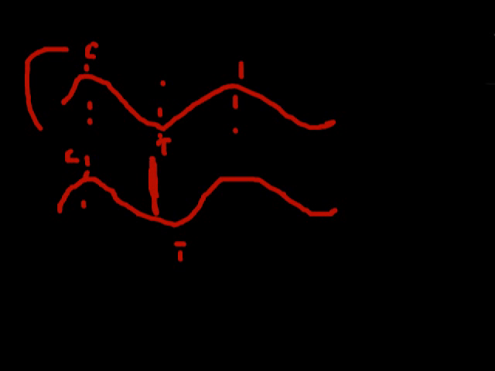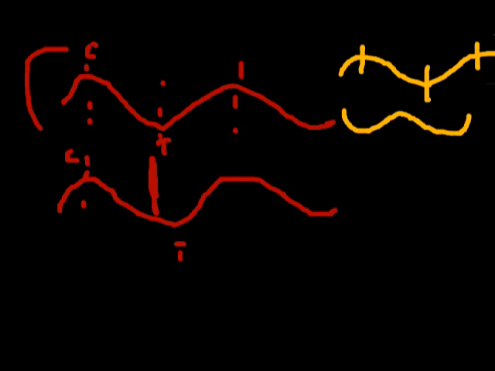And then when you have another wave, in a different color, probably the same wave, and let's say this crest corresponds with this trough, and this trough corresponds with this crest.